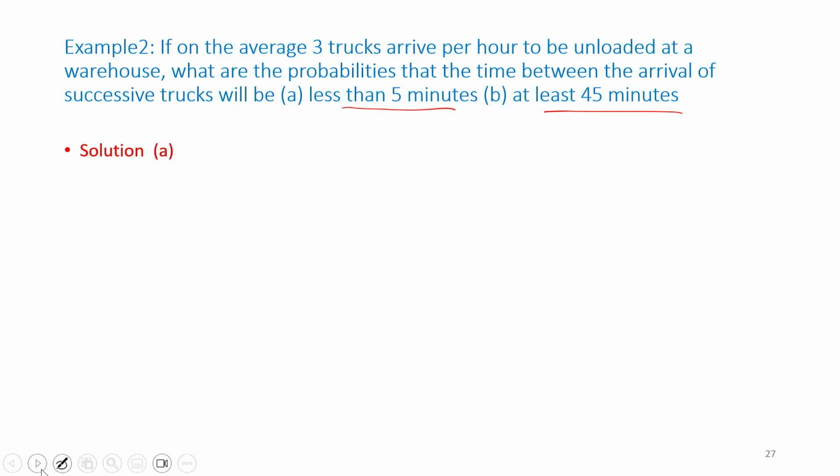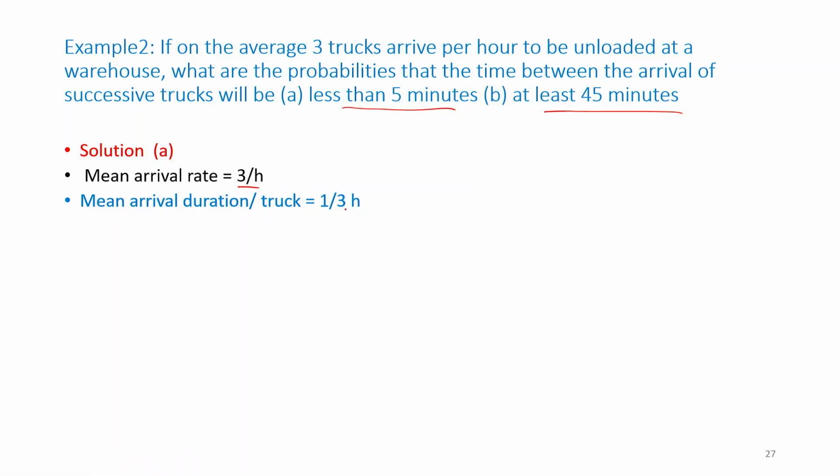The solution for the problem A: mean arrival rate is given. 3 trucks arrive per hour, so the arrival rate is 3 per hour. So the mean arrival duration per truck is 1 upon 3 hour.